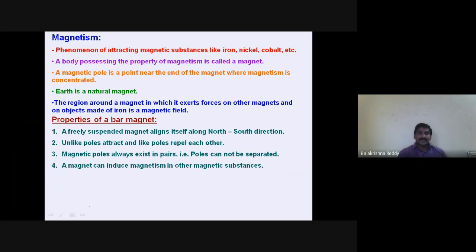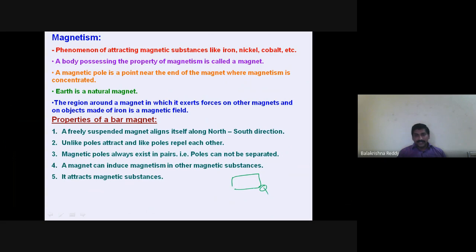Now, a magnet can induce magnetism in other magnetic substances. It attracts magnetic substances, obviously. Like an iron nail: if you keep an iron nail here, it is attracted.